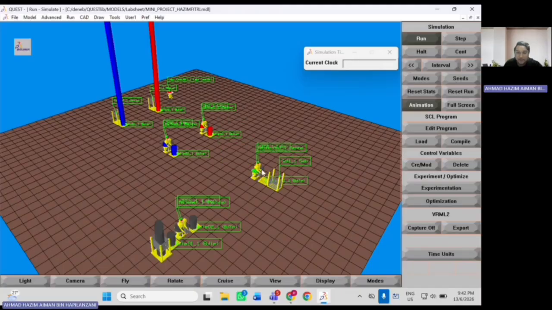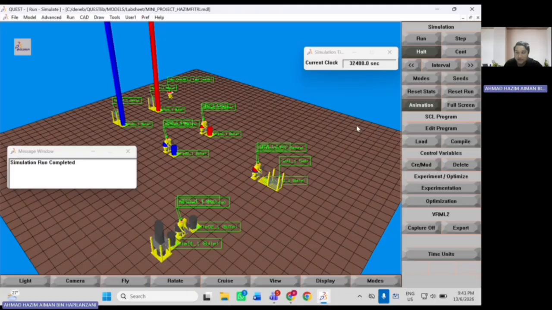The assembly machine will produce product C. For the simulation, we also include shifts and breaks for the operator, and for the machines, we also have failures. If we fast forward, the simulation will be over.